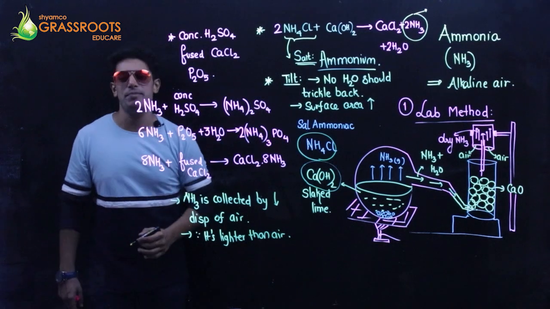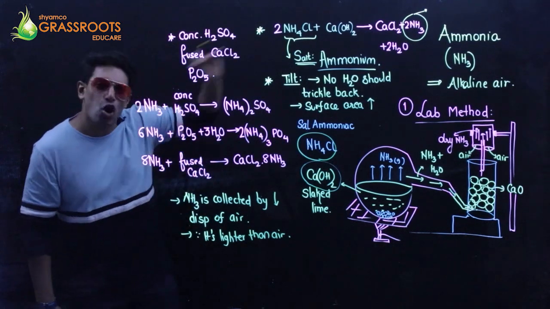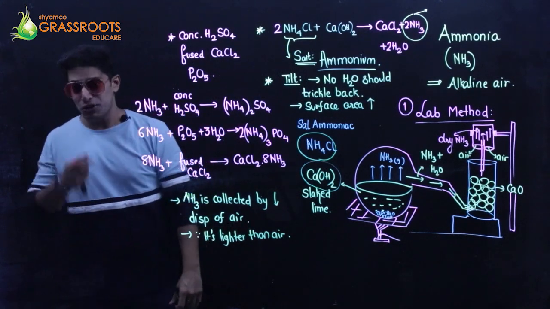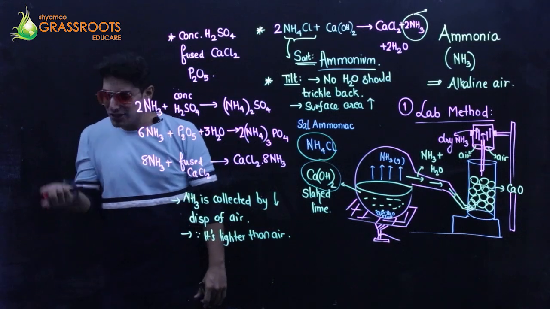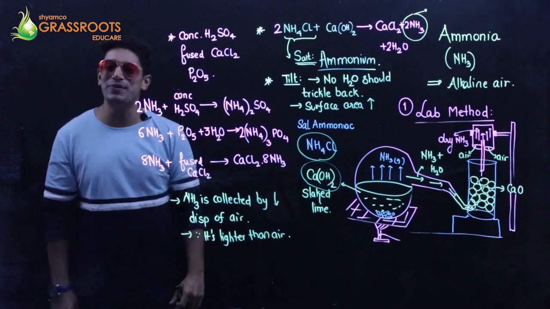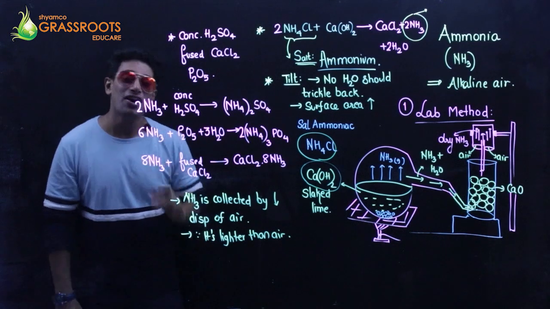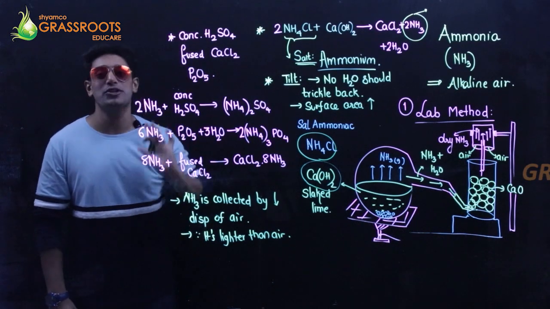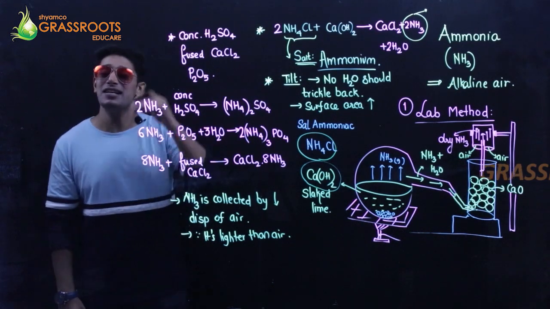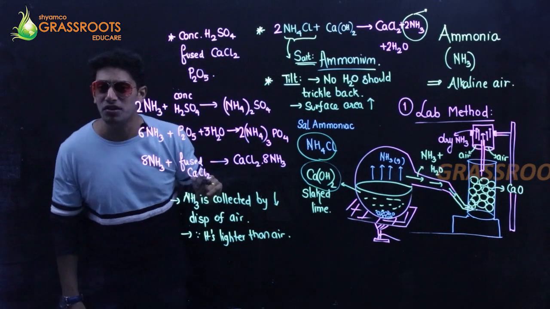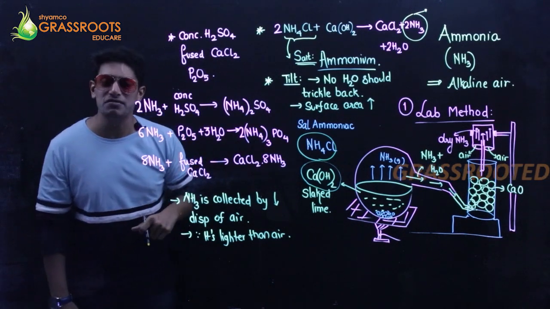Also guys, remember that ammonia cannot be collected over water. Do you remember HCl, hydrochloric acid, is highly soluble in water. Similarly, ammonia overtakes hydrochloric acid. Ammonia is much more soluble in water as compared to even HCl.